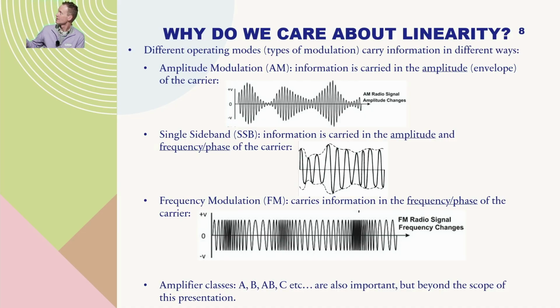So you can see here, it goes up and down with your voice. Single sideband, on the other hand, carries information both in amplitude and in phase. You can see here, the frequency's changing a bit, but so is the amplitude. And then with FM, we carry the information in frequency and phase only. The amplitude stays constant.